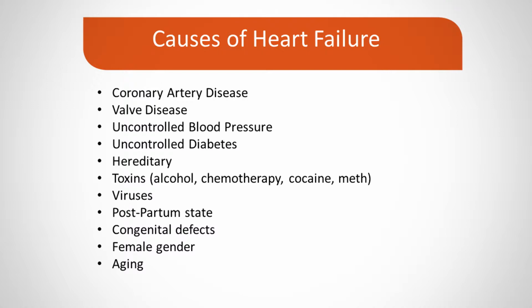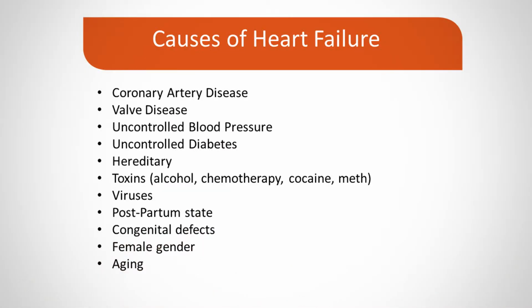Other reasons for that is uncontrolled diabetes. If you're a diabetic, we like to track that A1C. That's a 3-month average of your sugars to make sure you're well controlled there and not worsening things for your heart. We also see females are more common to have diastolic failure, as well as just aging can cause diastolic failure.